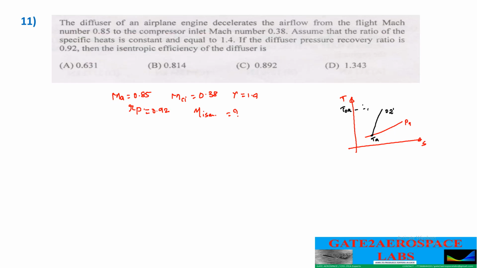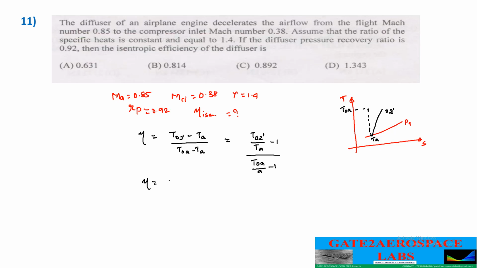Now, the efficiency you can write as T02 dash minus TA divided by T0A minus TA. Now this TA we can take common, and you can write this term as T0A by TA minus 1. This we can write in terms of Mach number.